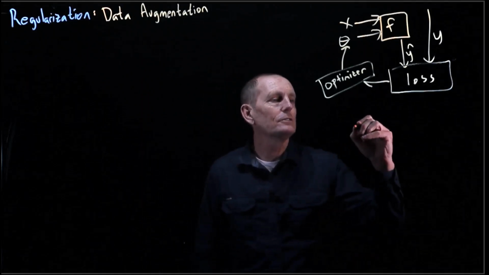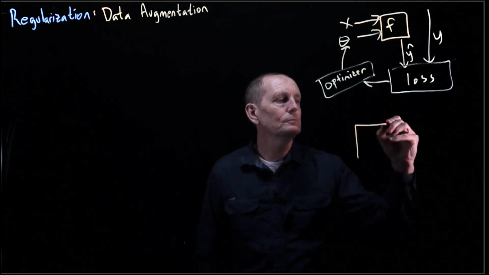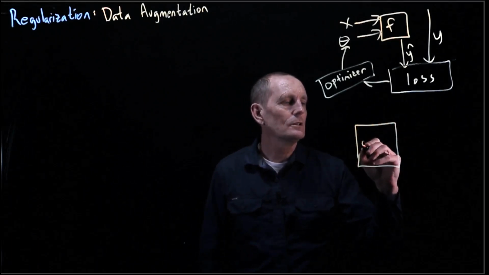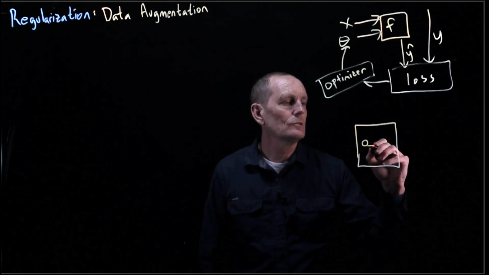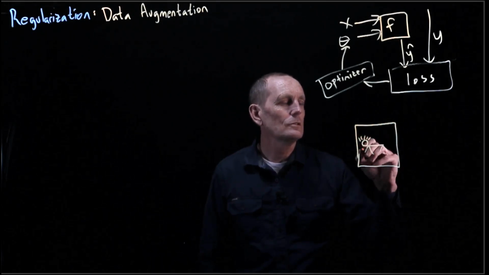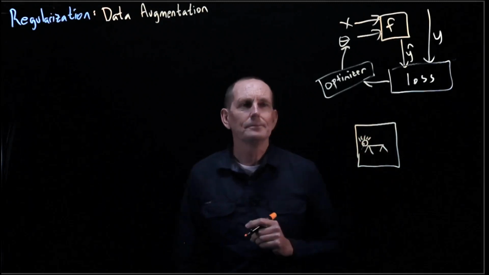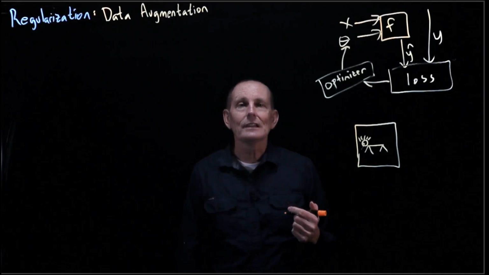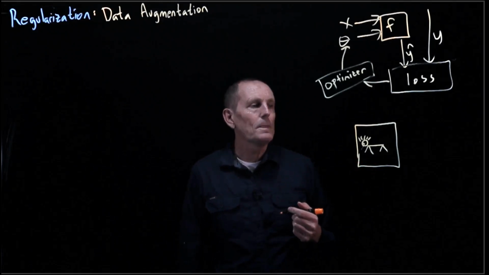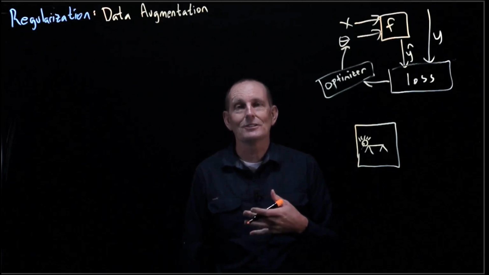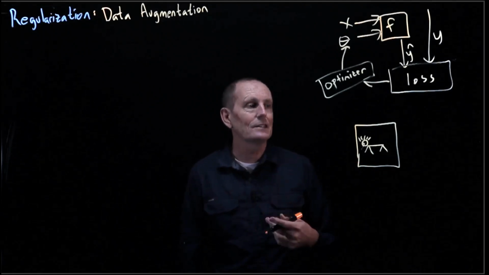So if we have an image which is a cat, and this is a cat that's facing left. Well, we know in the wild, cats are sometimes, we have pictures of cats facing left and cats facing right.